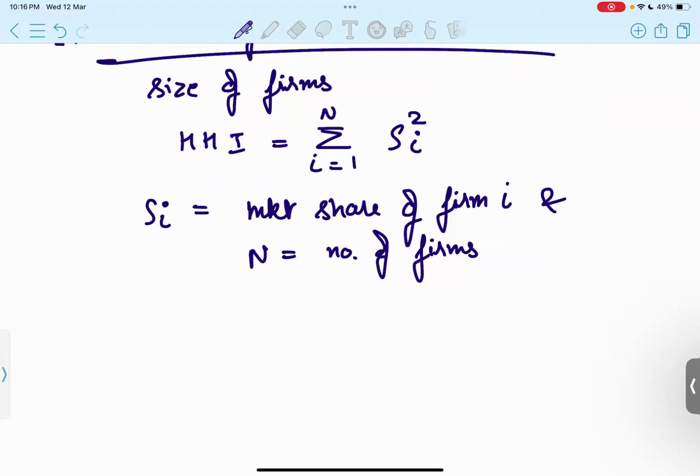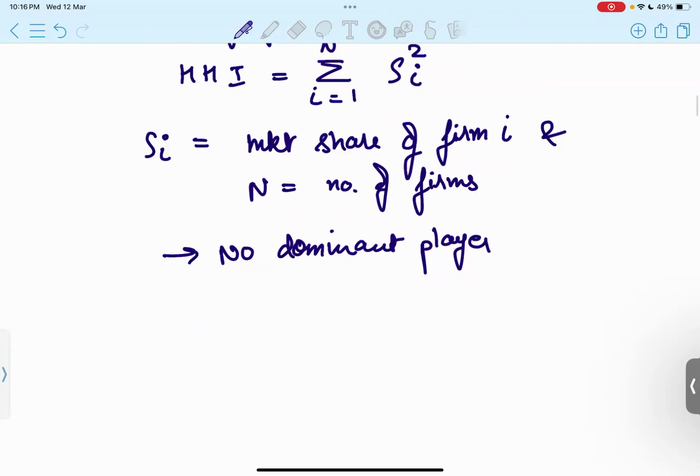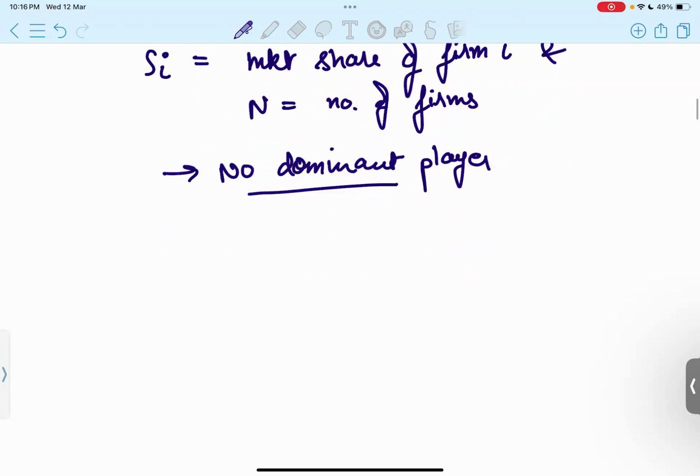If this index has a very small value, it indicates that there is no dominant player in the competitive industry, because it is market concentration. So if the value is less, this would be the implication.